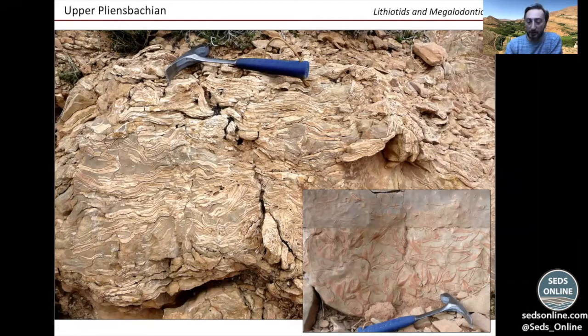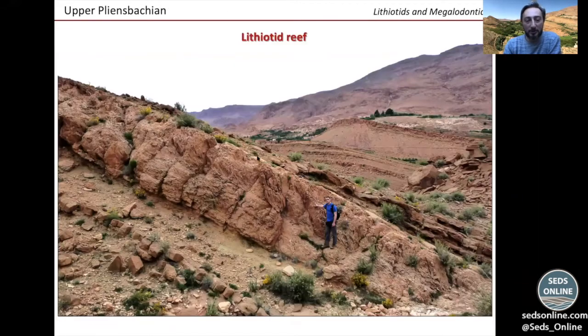They're very large, so big that they can form entire reefs. And if you see this strange pattern here that looks like fractures, it is actually not. Those are large lithiotid bivalves that are stacked one behind each other and forming these reefs. That's François Nicolas for scale here.